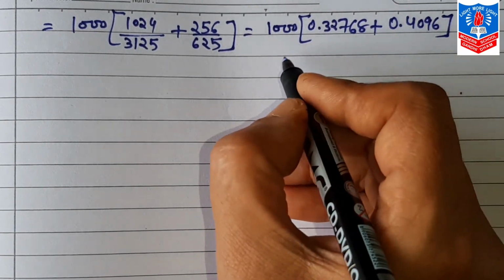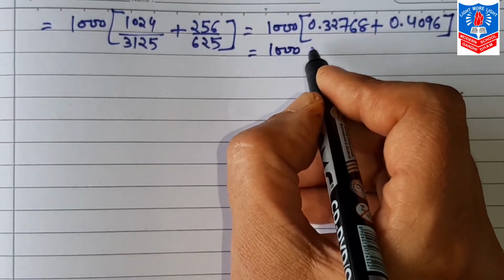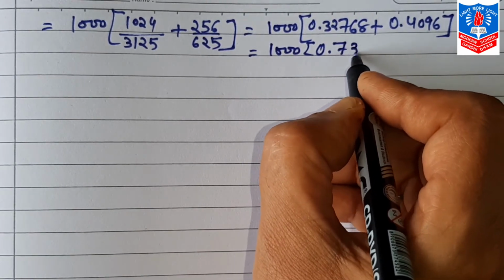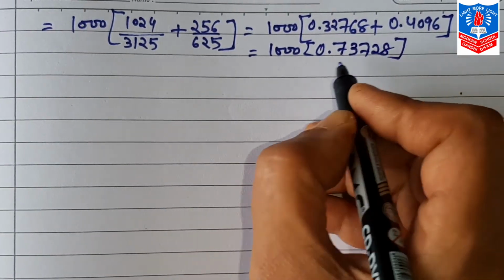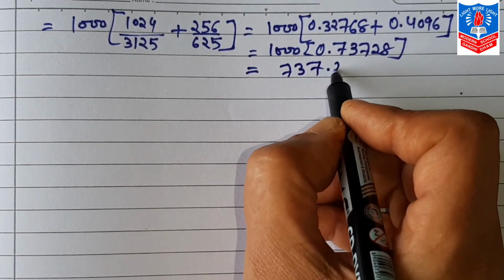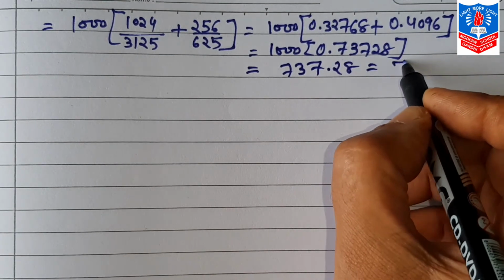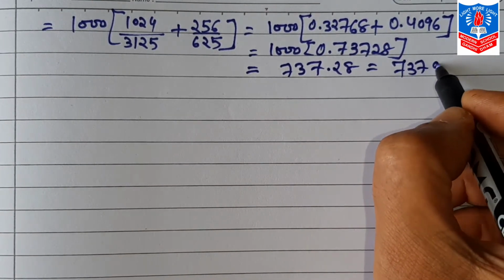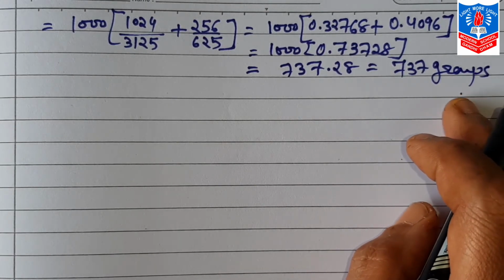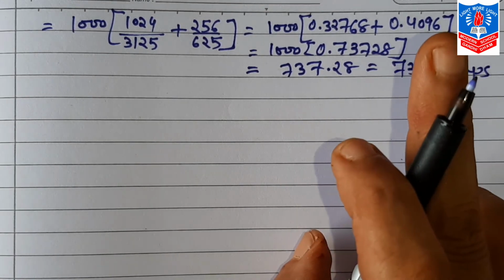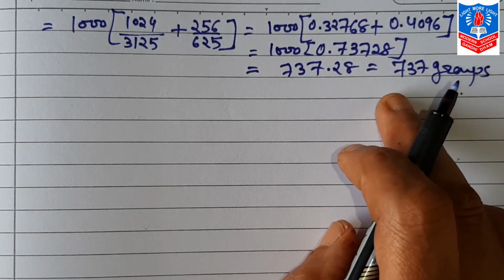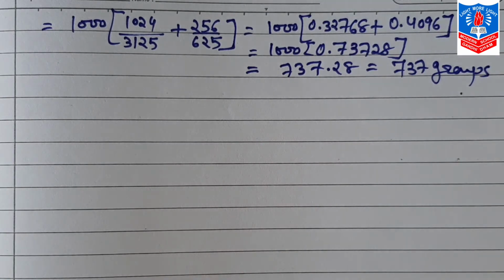We add this, and we get 1000 into 0.73728. We multiply this, we get 737.28. That means 737 groups of housewives are such where at the most one housewife can identify the difference between the different brands of butter.